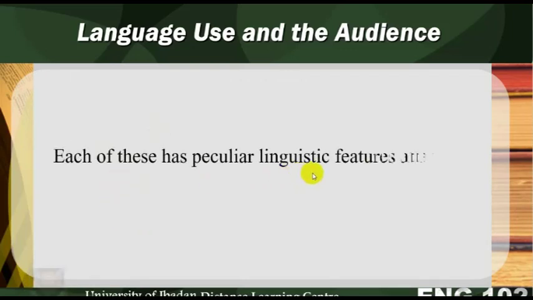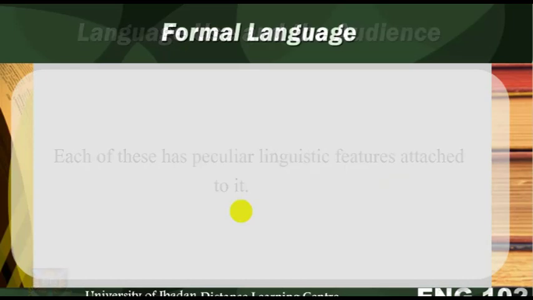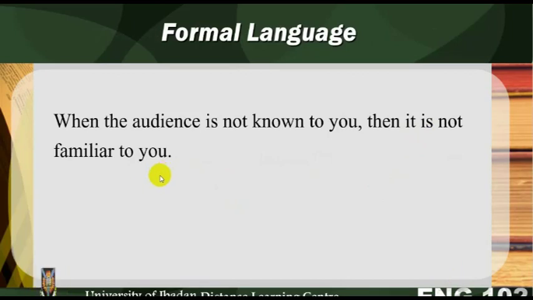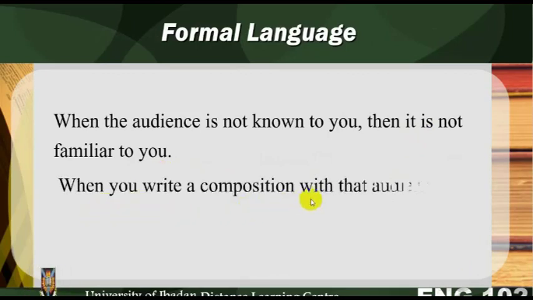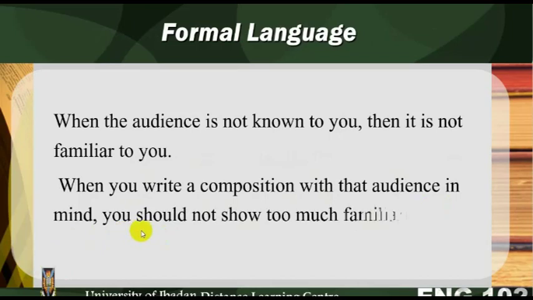Each of these has peculiar linguistic features attached to it. Formal language. When the audience is not known to you, then it is not familiar to you. When you write a composition with that audience in mind, you should not show too much familiarity with it.